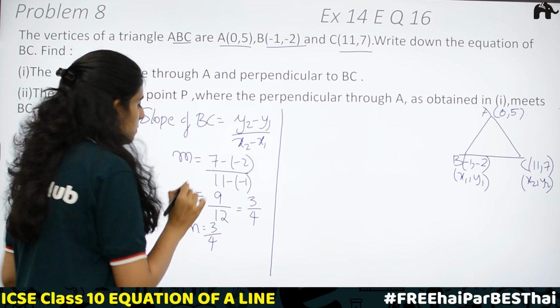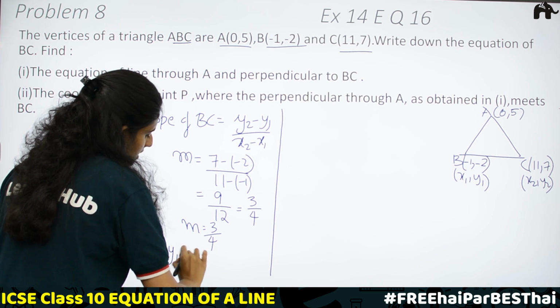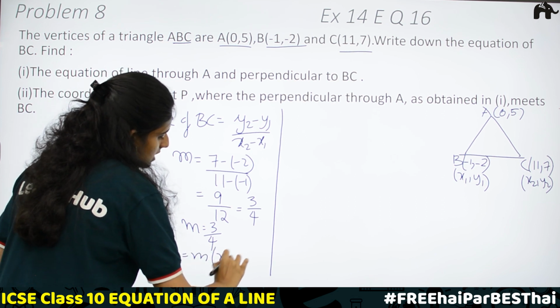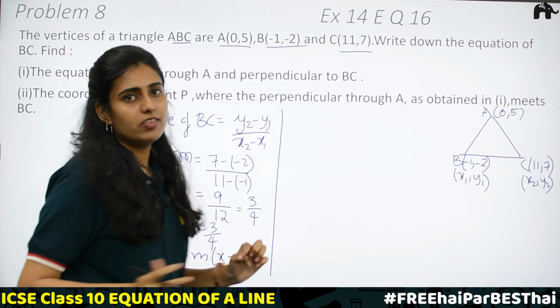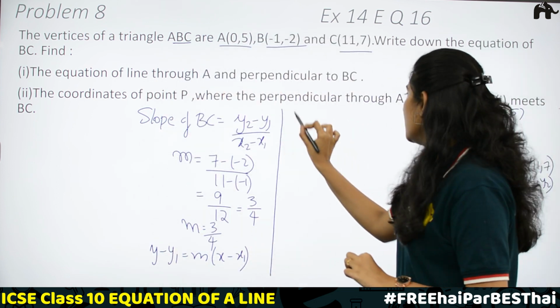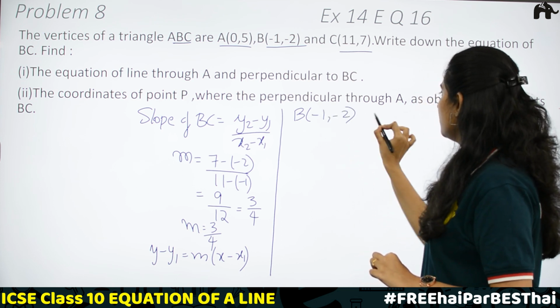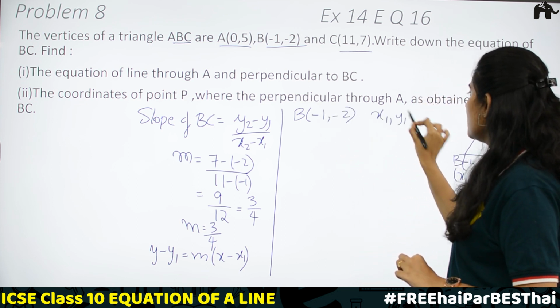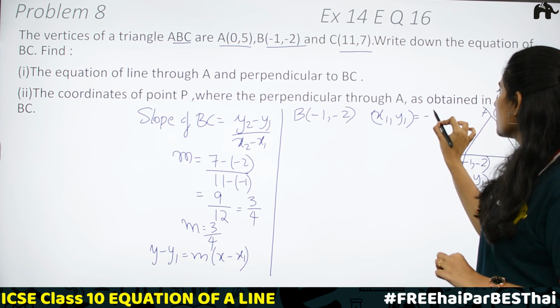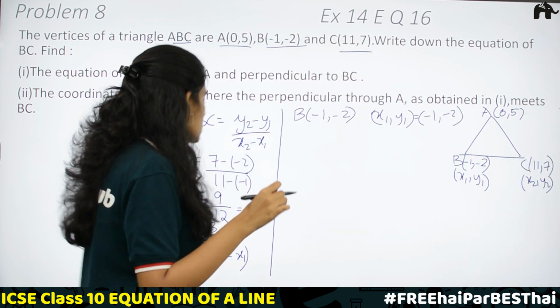Now, to use the point slope formula, that is y minus y1 is equal to m into x minus x1, we need any point that passes through this line. Let's take the point B. We have coordinates of B, minus 1, minus 2. Here we are taking this as x1, y1. x1, y1 is equal to minus 1, minus 2. Put the values in the point slope form.